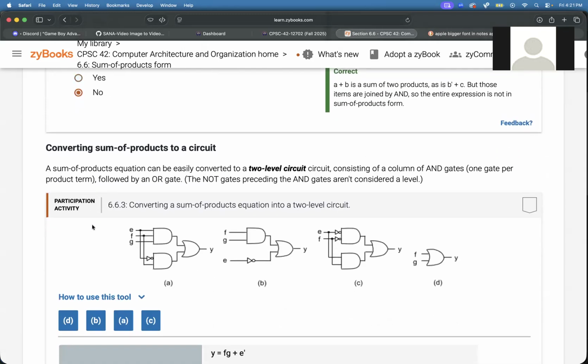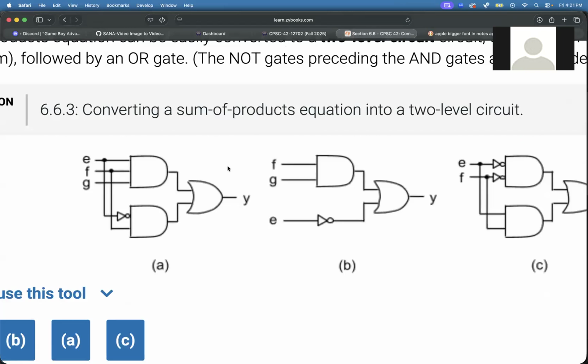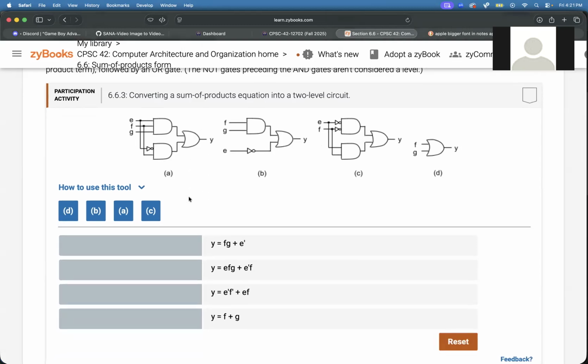Now, they're just trying to get across this idea here that when you do this, the product terms are connected with ANDs and the sums are ORs. So we've seen structures that looked like this when you were trying to write a circuit for the things that we've done before. Here's a simple one: F, G with an OR.